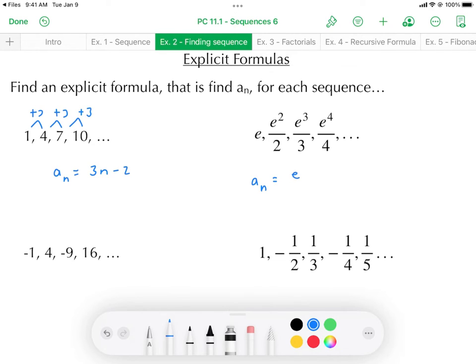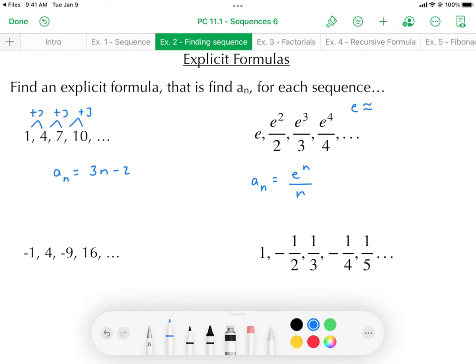About e to the power of n over n itself, right? Okay, now here you don't technically need to know the value of e, but recall we looked at e back in our exponential logarithmic unit.